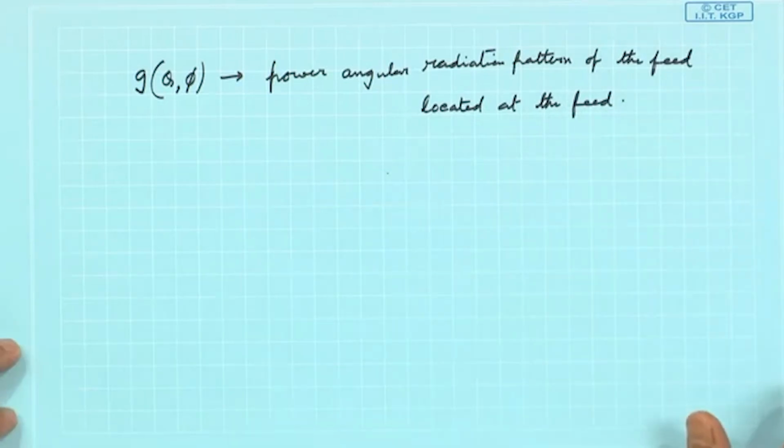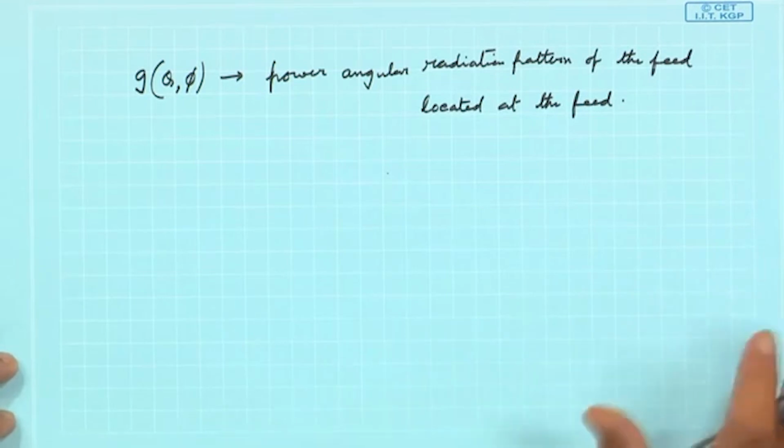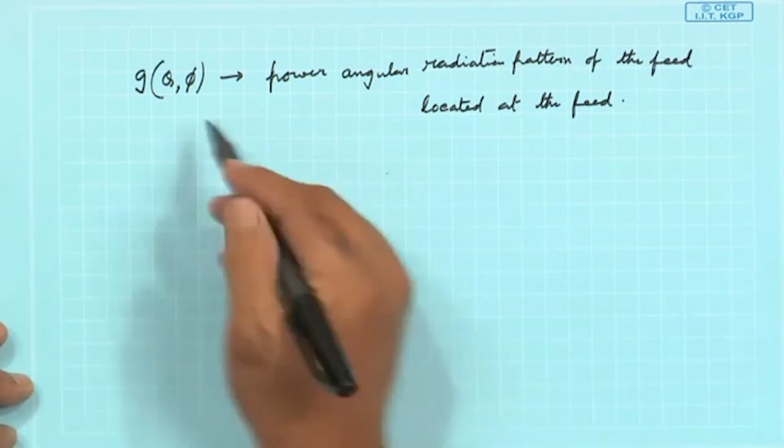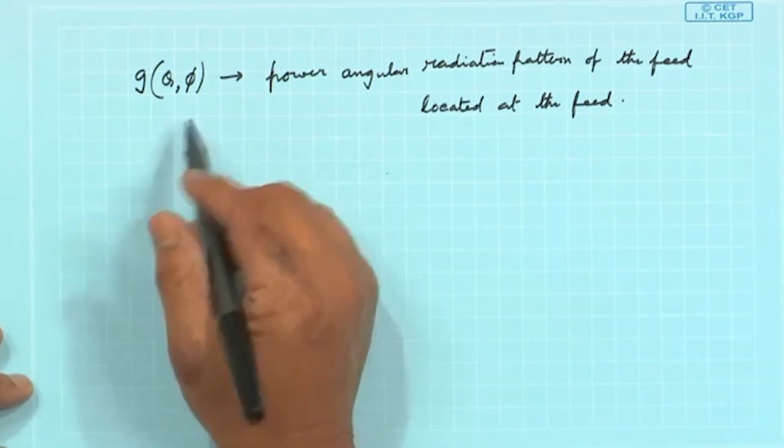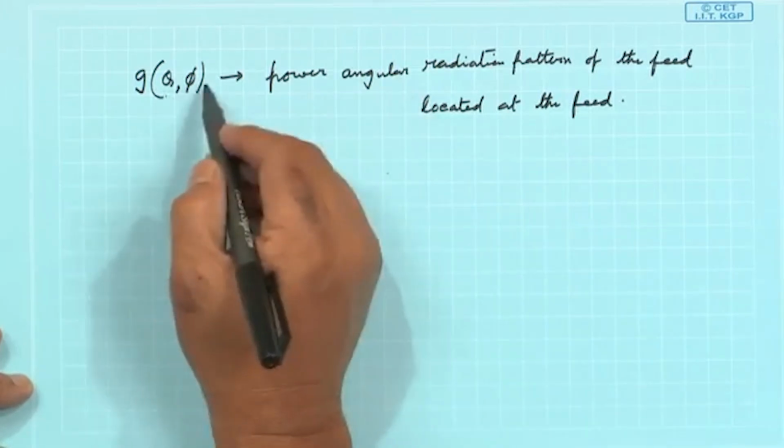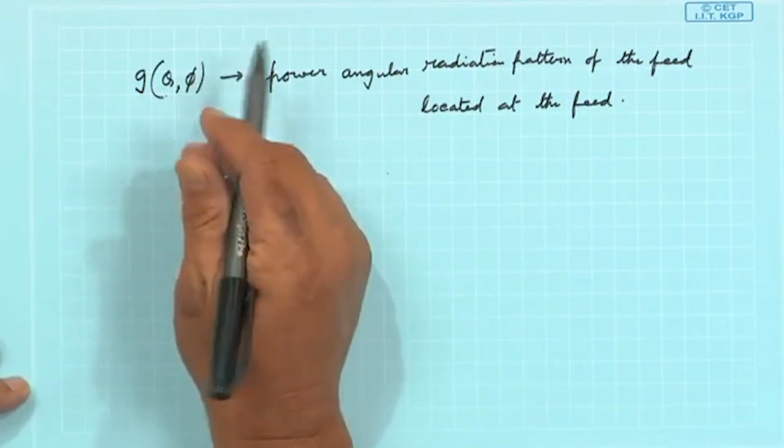This is actually a horn antenna. We are not saying horn because there can be other things also, but mostly in all the cases it is horn. So, g theta phi is the power angular pattern, because it is expressed in terms of theta phi.